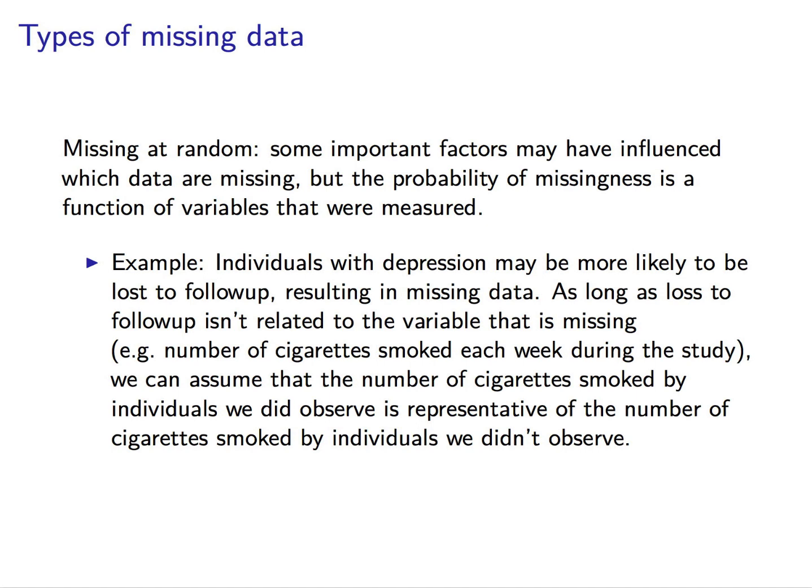There are factors, measured or not, that are causing some missingness in some observations and not others. But we're able to capture that, and it should affect both cases and controls the same.